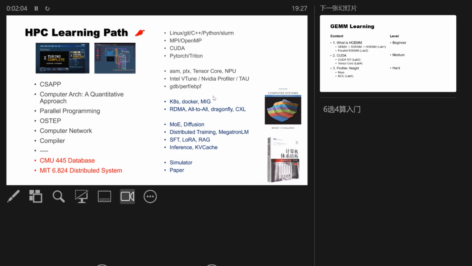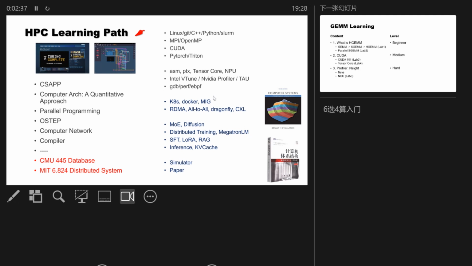Overall, I think the HPC learning path looks like this. For most people, or just for me, I started HPC learning from a game called Turing Complete. After that, I started to read CSAPP, that is Computer Systems: A Programmer's Perspective. That is a good book. After that, I read Computer Architecture: A Quantitative Approach, and I learned parallel programming like OpenMP and MPI.